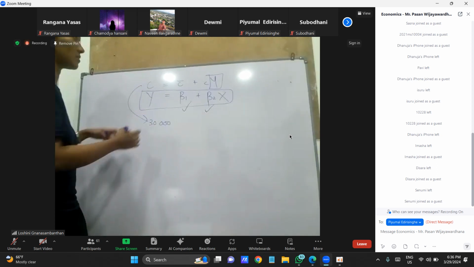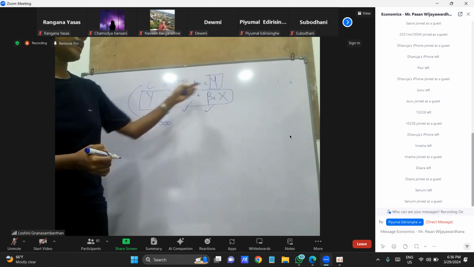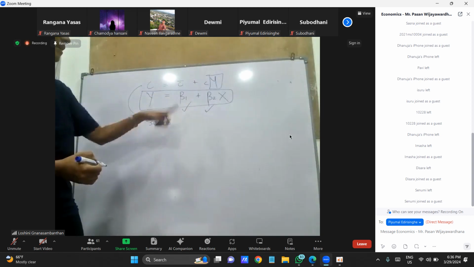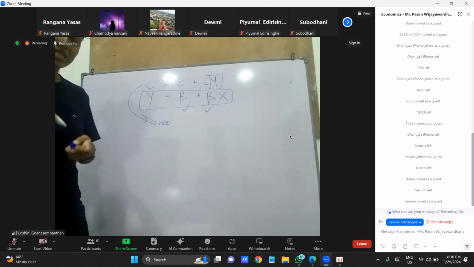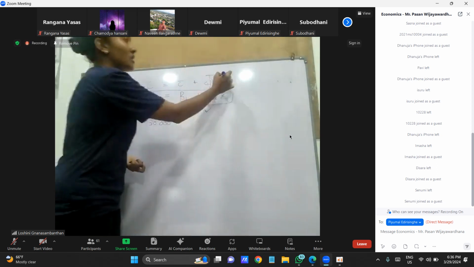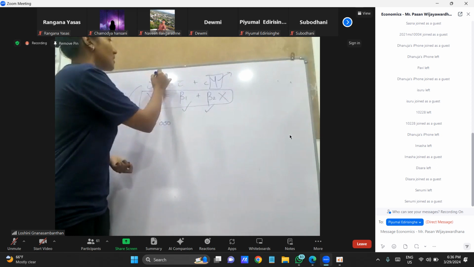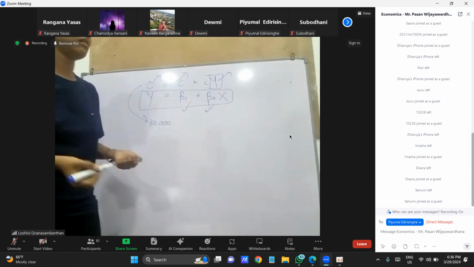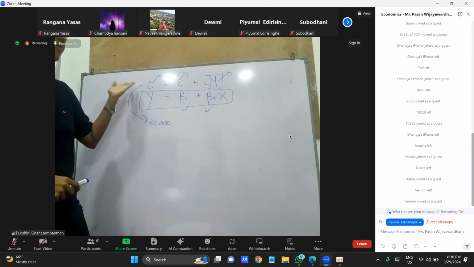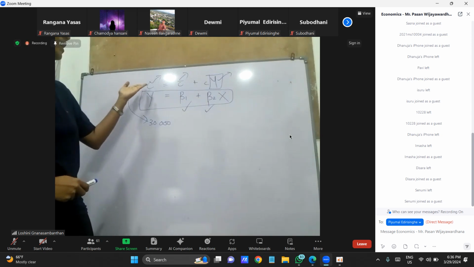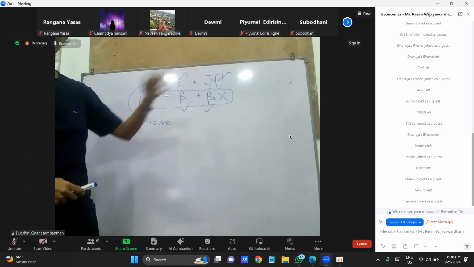Say you have been given an equation like this and a number like this, C is 30,000. They are not mentioning that this is income, this is consumption, this is economy. They are not mentioning anything. Then can you understand anything from this equation? You can see there are some C letters and Y letters.